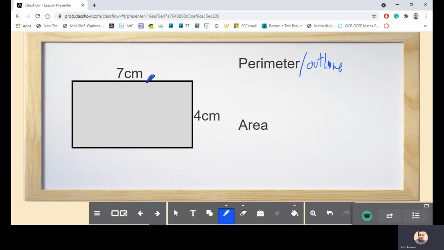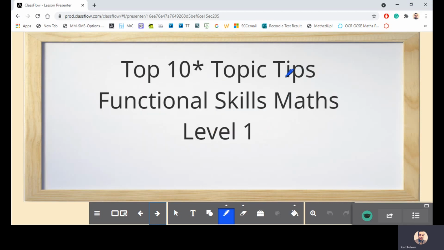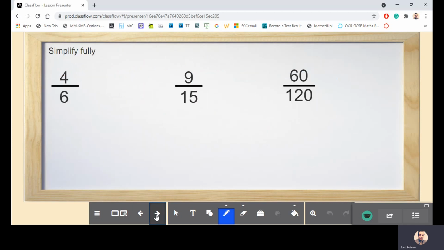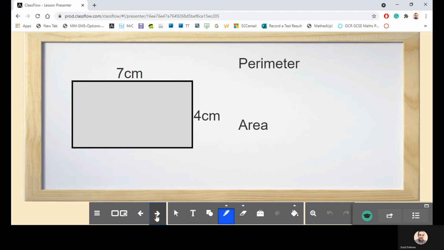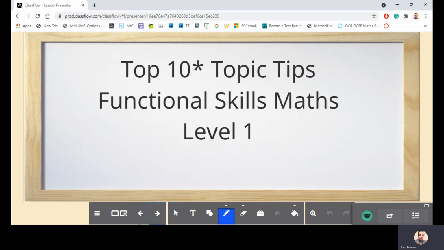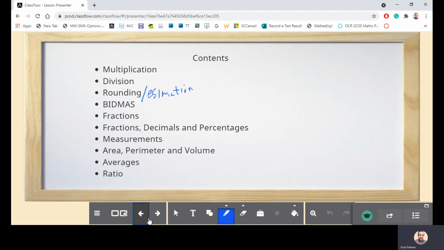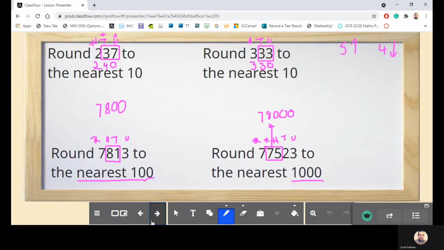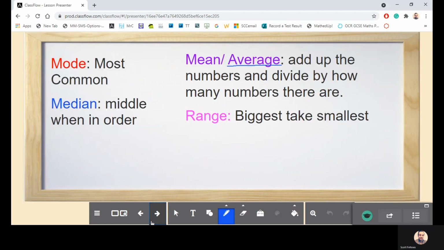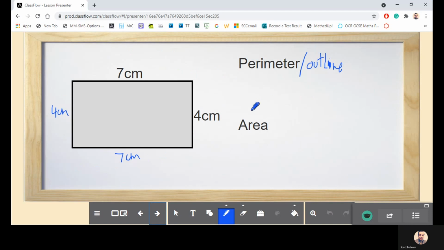So here we've got 7 and 4. We need another 4 here and another 7. And the outline is you add them all together. So the perimeter, you add all the numbers together. 7 plus 4 plus 7 plus 4.